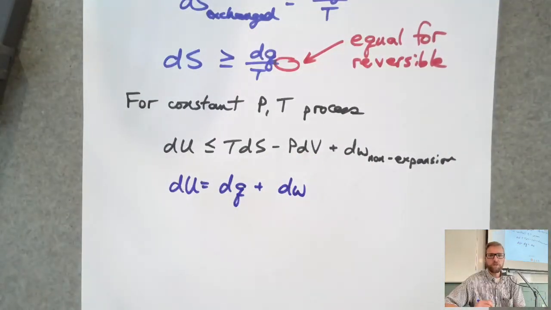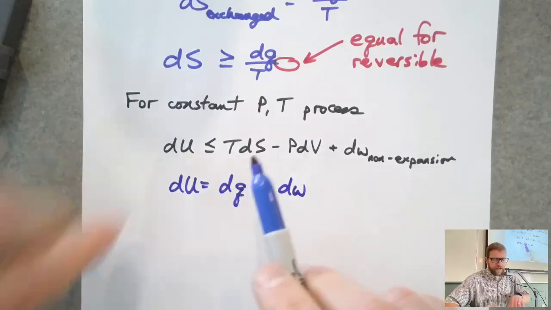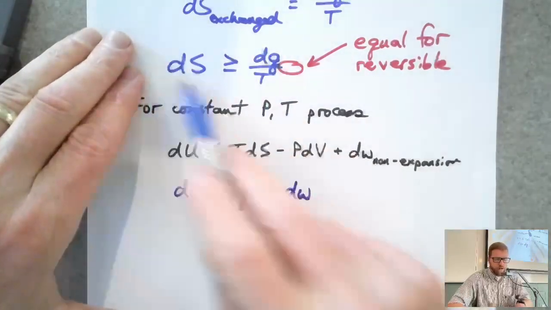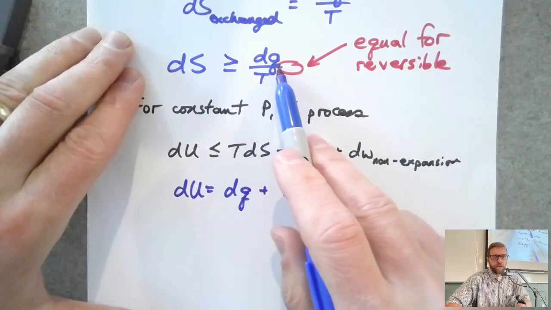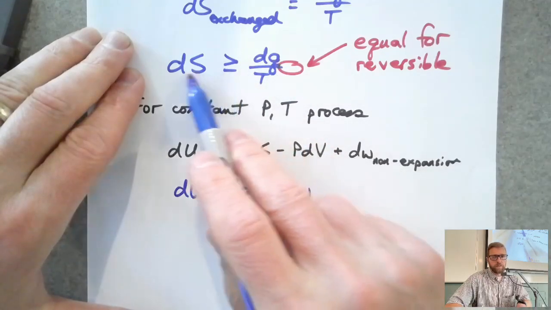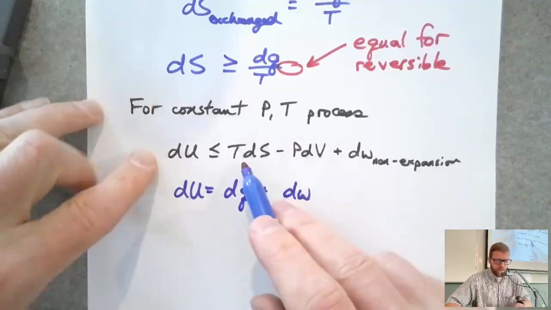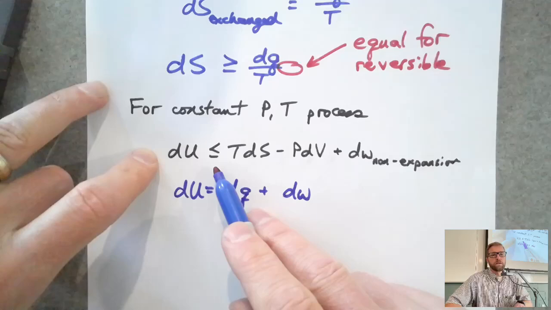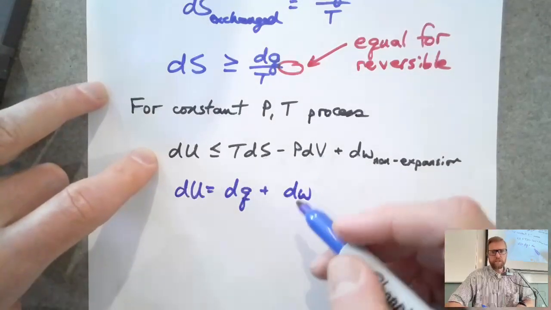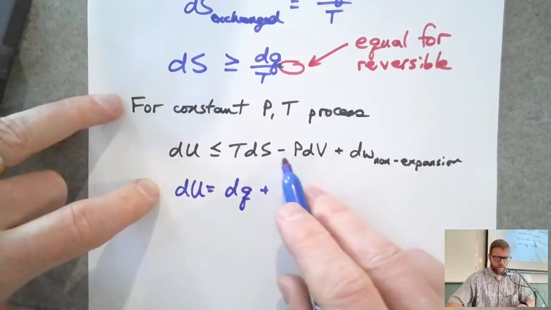That's the first law. So we're taking this inequality right here, and we multiply T over. So dq is less than or equal to TdS. So when I plug in TdS, I introduce this inequality.